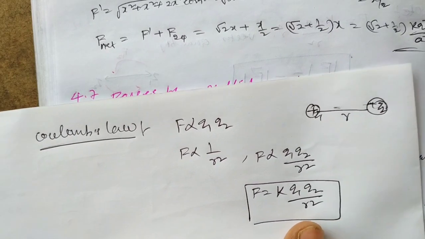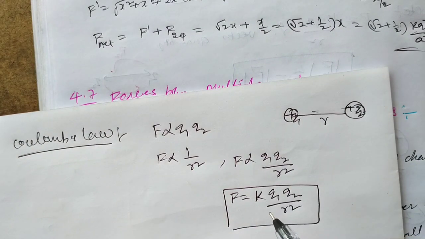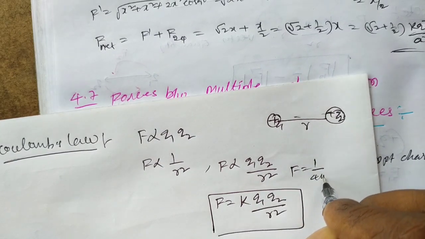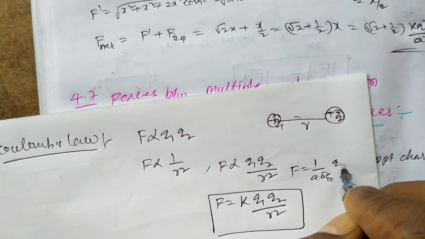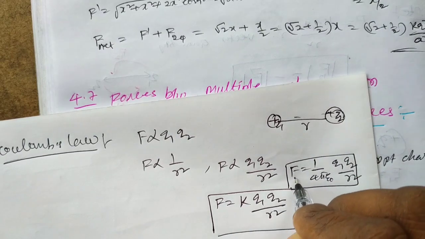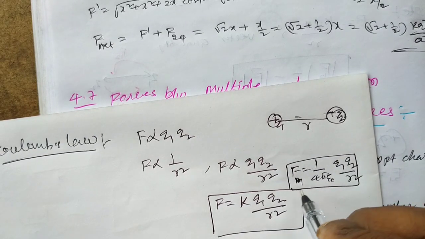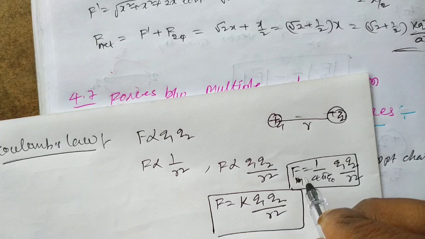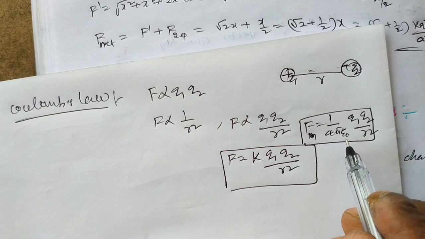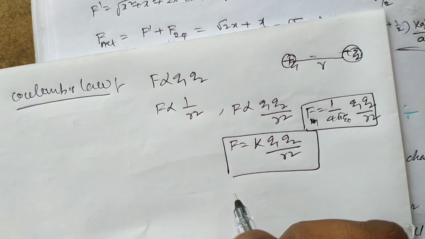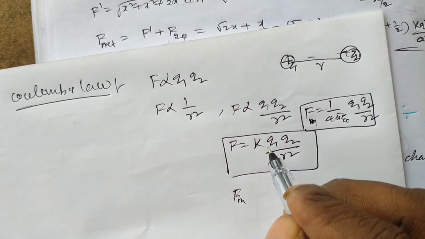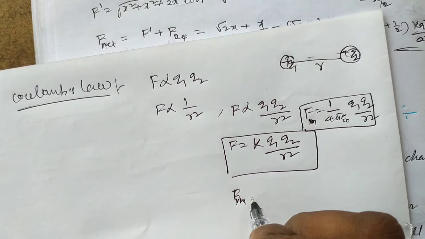If there is a medium, the force in a medium can be written as F is equal to 1 by 4 pi epsilon naught into Q1 Q2 by R square. Here epsilon naught is the permittivity in free space.